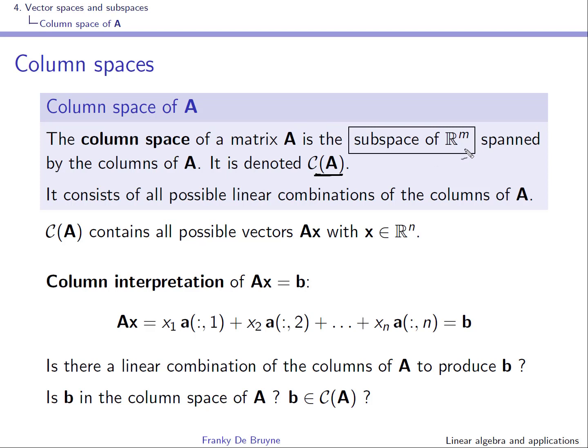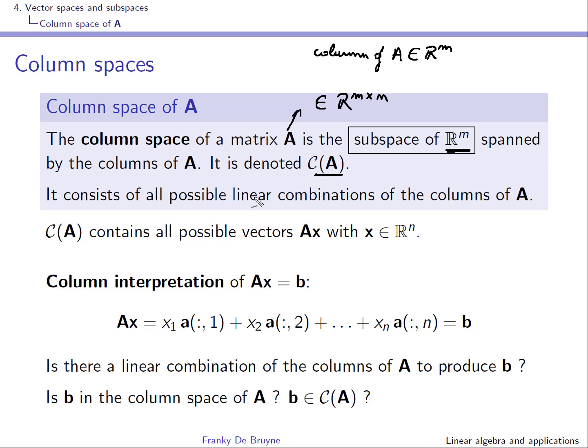It is a subspace of Rm. This is because A is in R^(m×n), so it has m rows, and a column of A is in Rm. So if you take linear combinations of the columns of A, of course you'll create vectors in Rm. So all linear combinations of the columns of A will produce a subspace of Rm.